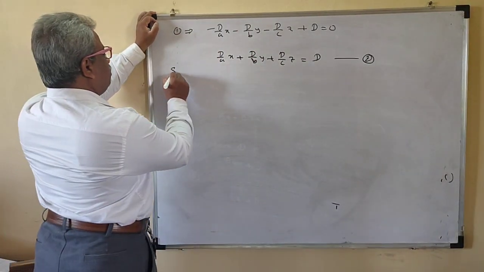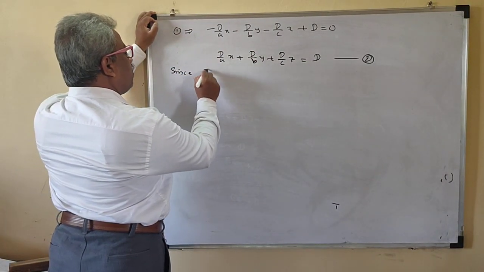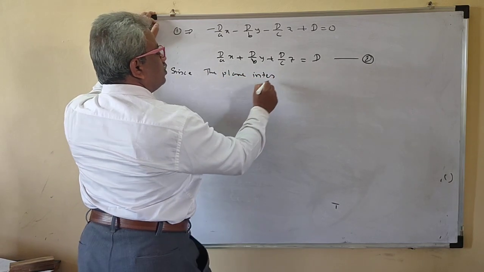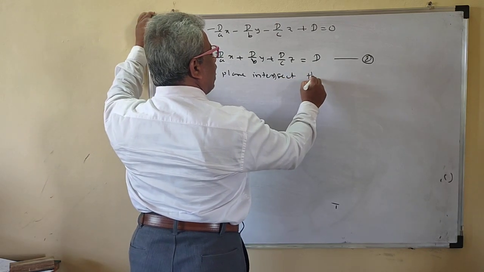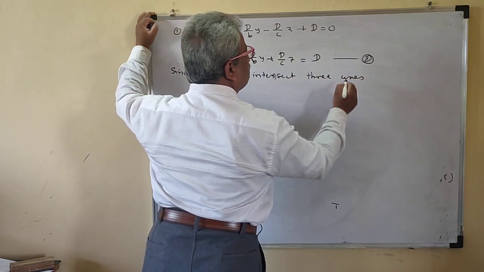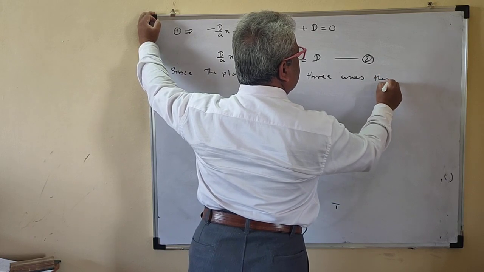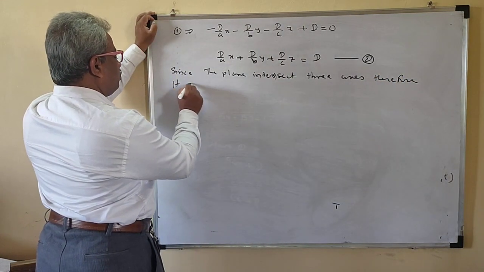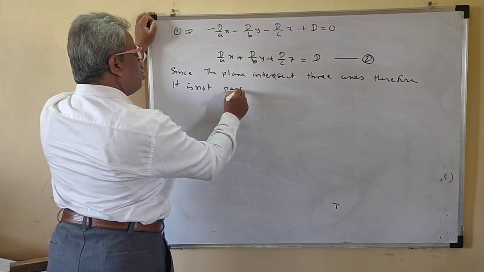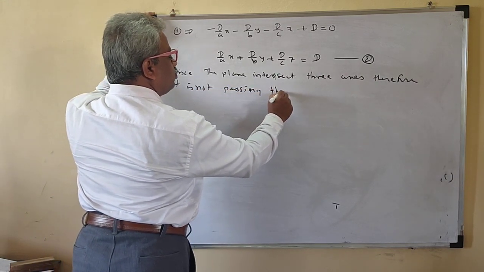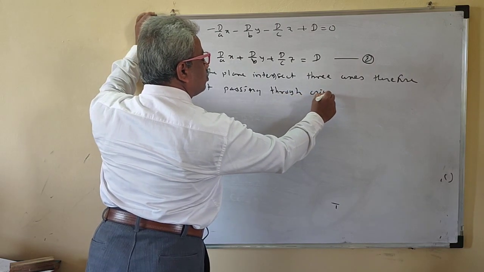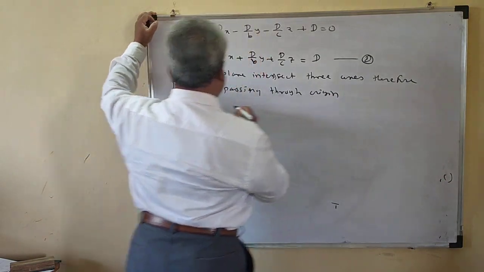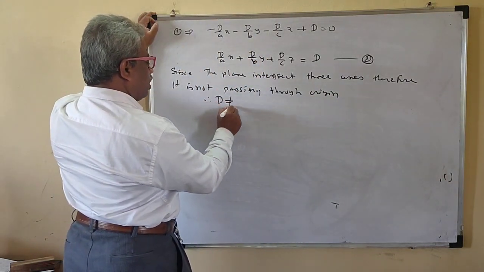Since the plane intersects the three axes, it is not passing through the origin, so therefore D is not equal to 0.